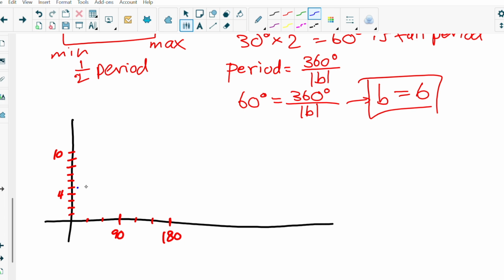So 94, so right there. Okay, and then 120/10 is our maximum. So 120/10. 120/10.